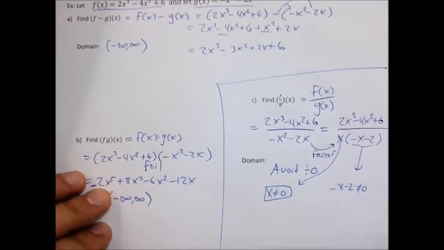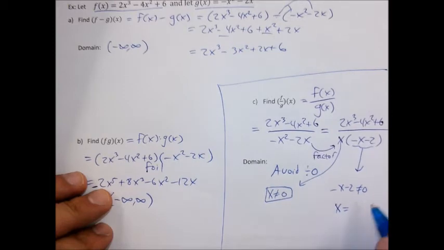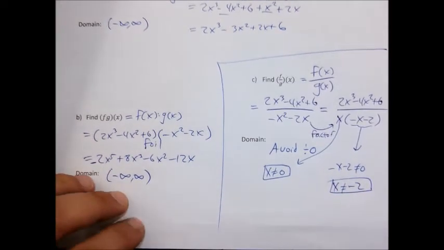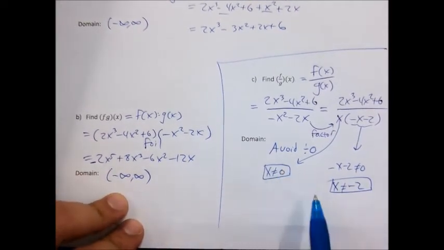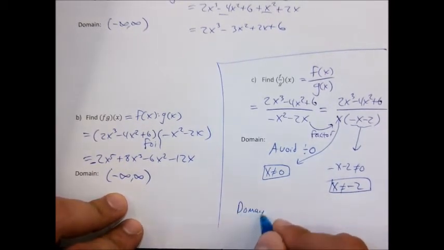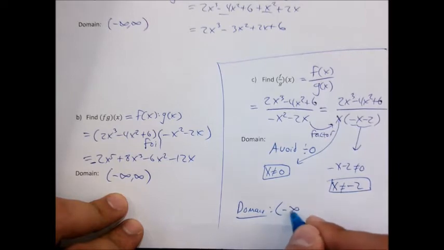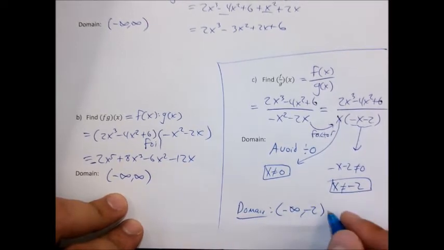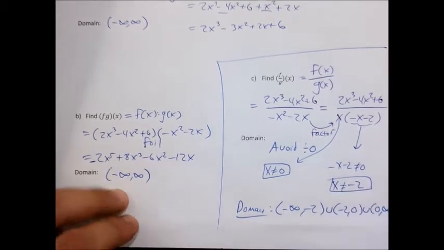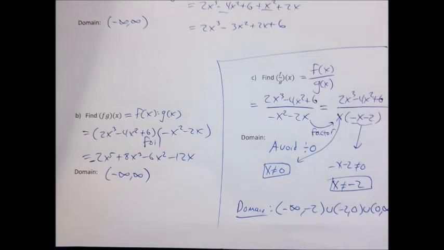And so we can solve that, and that means that x equals minus 2. And so we want to write down every number, but not 0 and not minus 2. And so the domain then is from minus infinity to minus 2, minus 2 to 0, 0 to infinity.